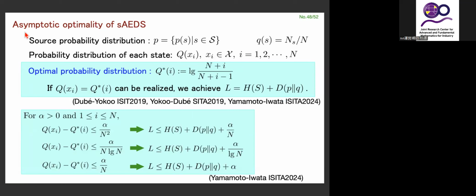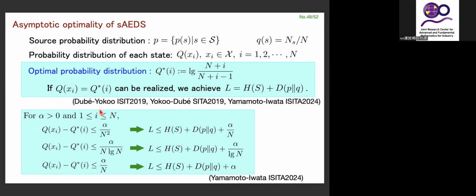Next, we consider the asymptotic optimality of SAEDS. The optimal probability distribution of each state is given by this Q asterisk i. That is, if Q_i equals Q star i can be realized, then we can achieve this average code length.